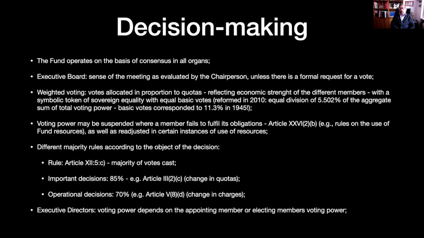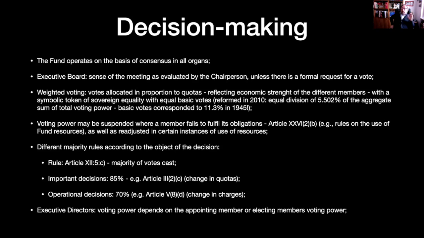And finally, you have different majority rules depending on the object of the decision. As a rule, decisions are taken by a majority of votes cast, but for important decisions, for instance a change in quotas that could dilute the vote of a member, you have an 85% qualified majority requirement.